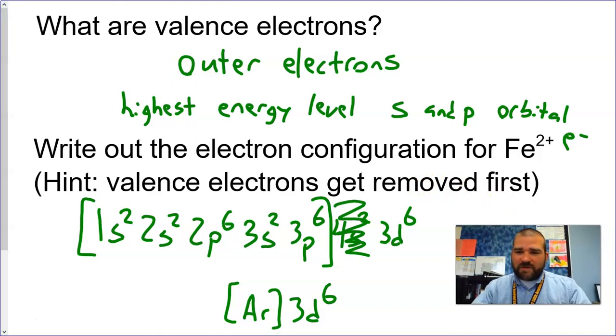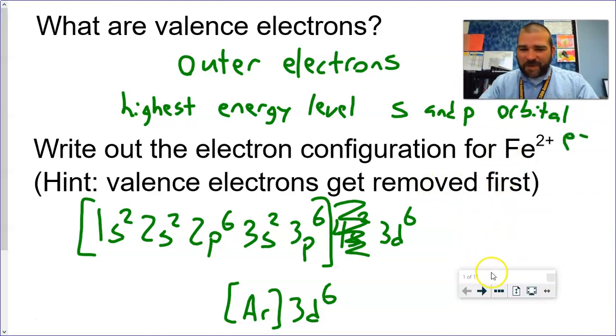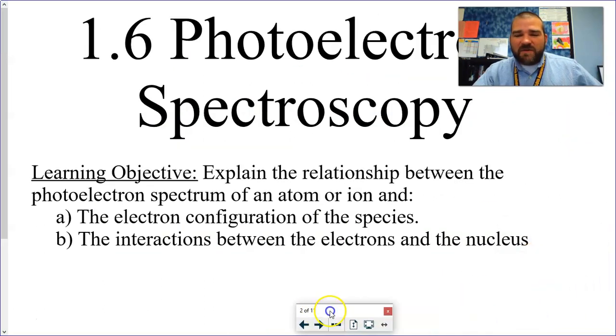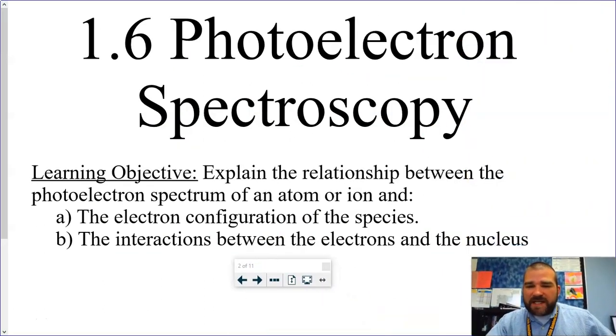All right, I've transitioned over to a more personal environment here for the last part. So I'm going to go through a couple more things. Again, I won't get too far into 1.6, but let me just introduce it, and I'll pick it up tomorrow for you guys. All right, so 1.6 is about photoelectron spectroscopy. Big giant words, which sound really scary, but it's not as bad as you think it is, maybe.